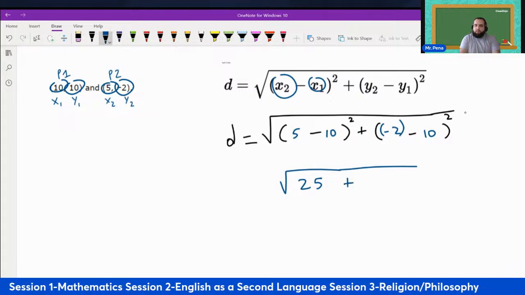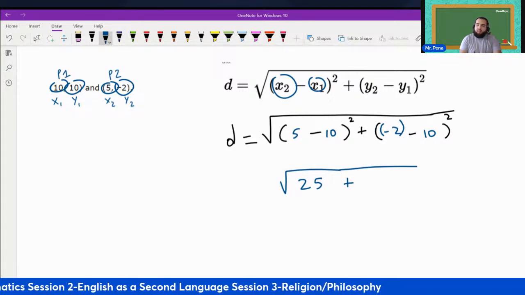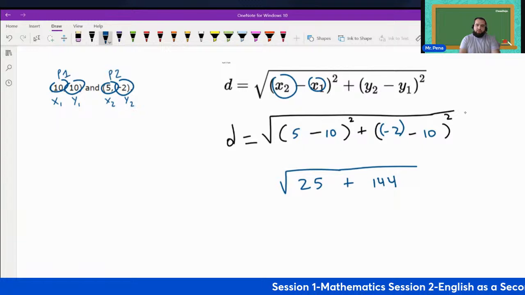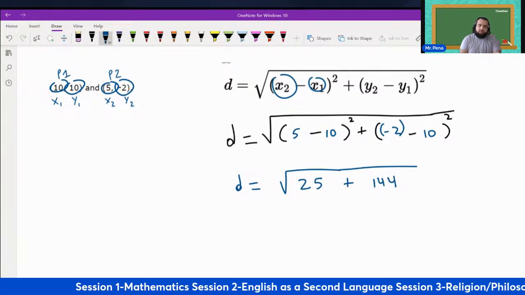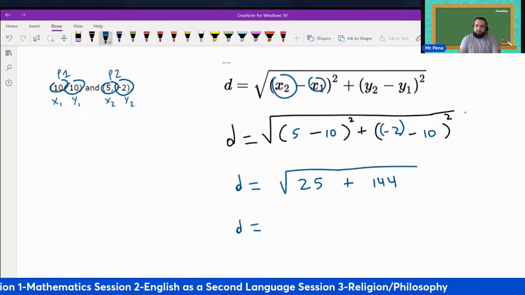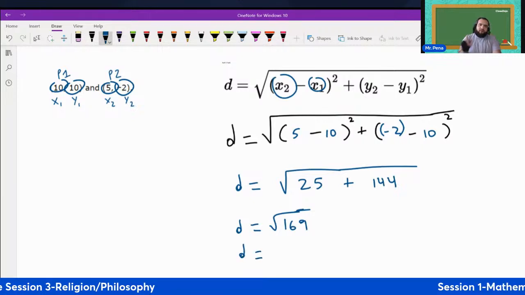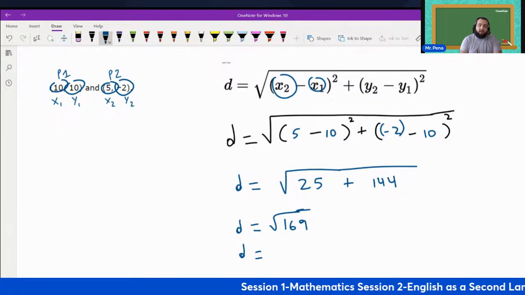We're going to keep going. Negative 2 minus 10 is negative 12. And what's negative 12 times negative 12? 144. So the distance is the square root of 169. And if you were here for the previous problem, you would see that the square root of 169 is 13.